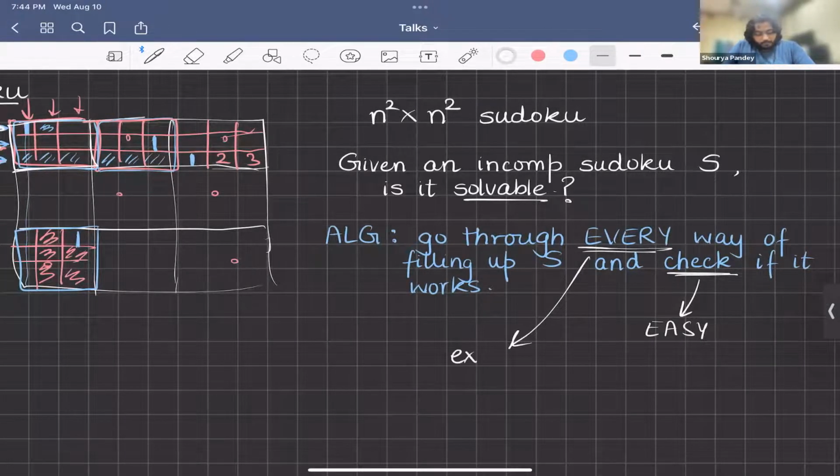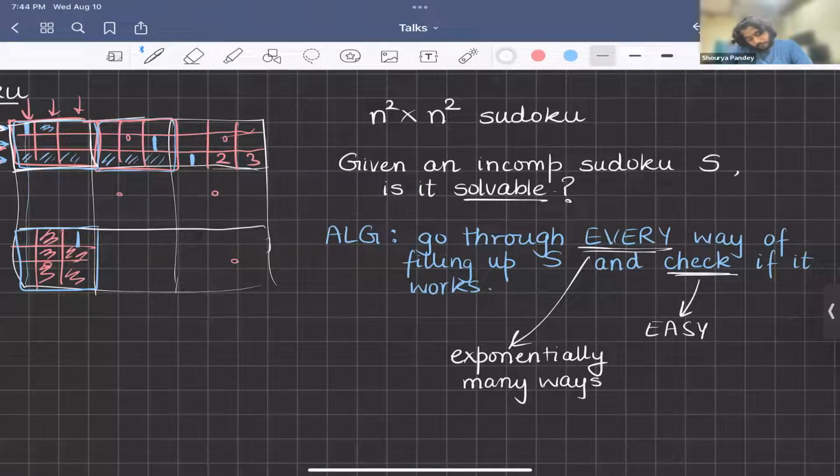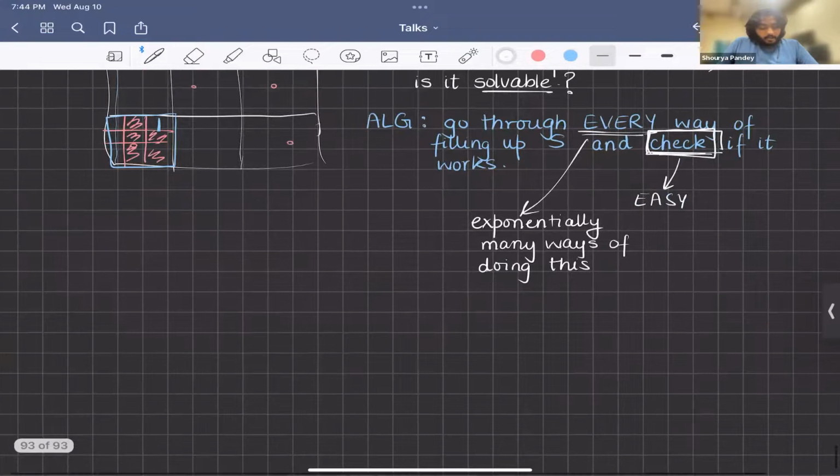Usually exponential. Many ways of doing this. Anyway, checking it is easy, and I want to emphasize that.